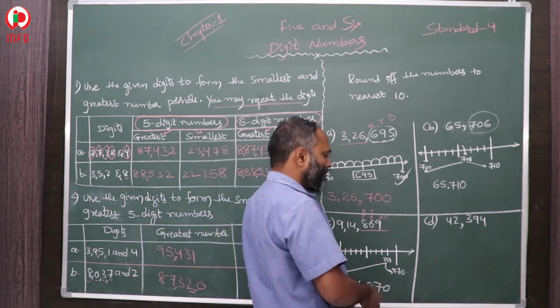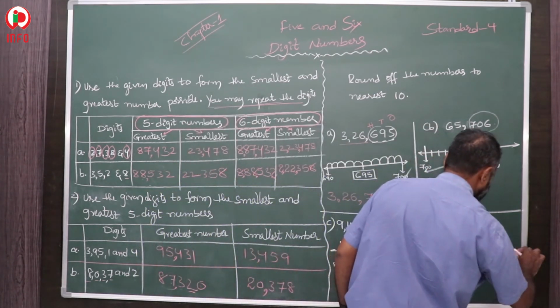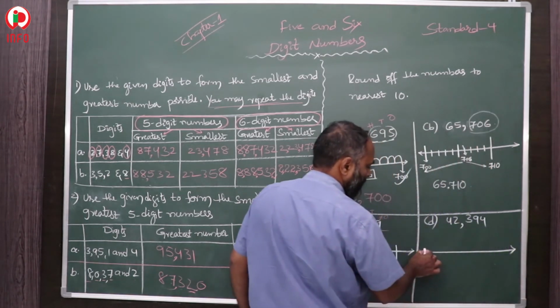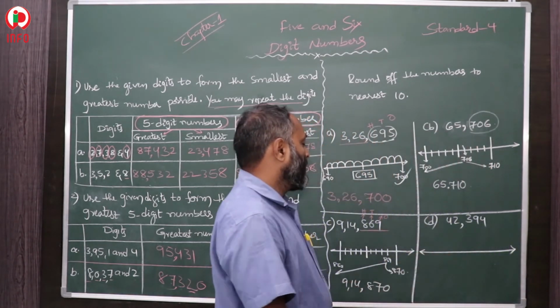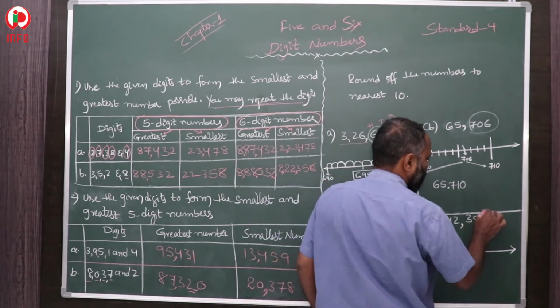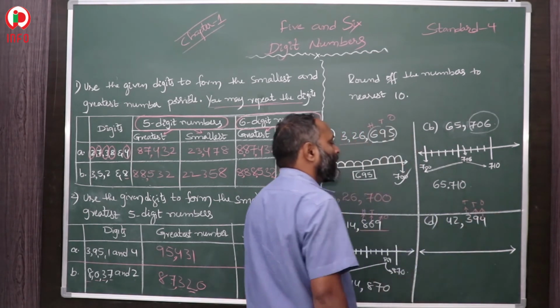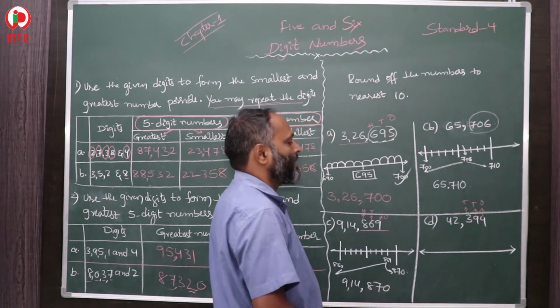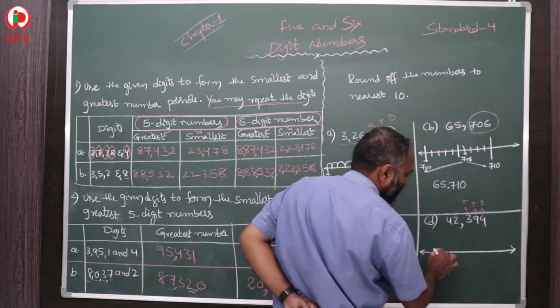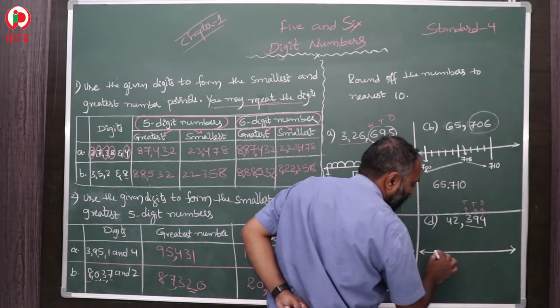Then in this also, this is the ones place, tens place, hundreds place. Then how to make nearest ten? 394.